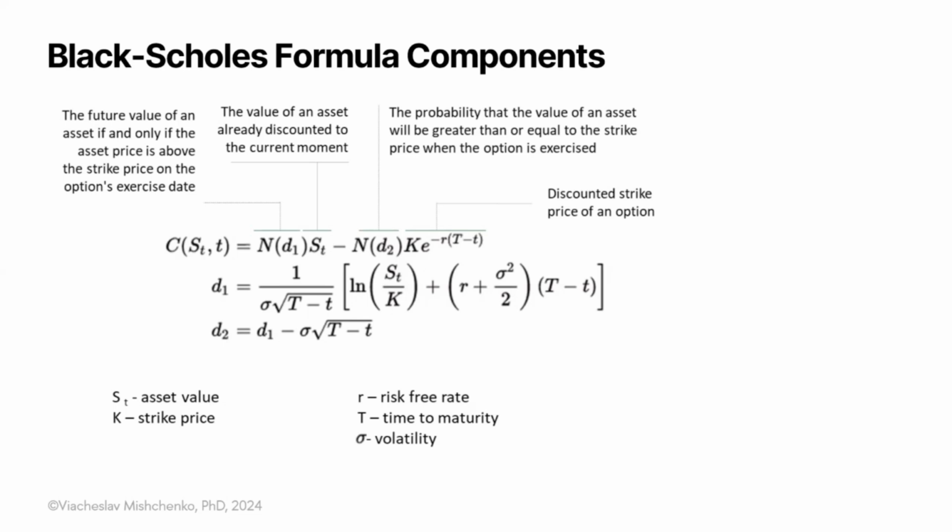This formula assumes that stock prices follow the lognormal distribution. But in real markets, the distribution of prices for equities may have so-called fat tails, meaning extreme events happen more often than this model predicts.